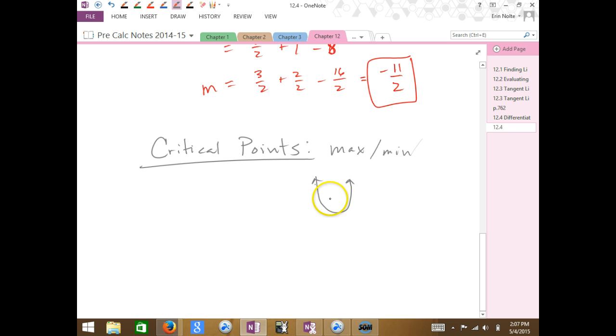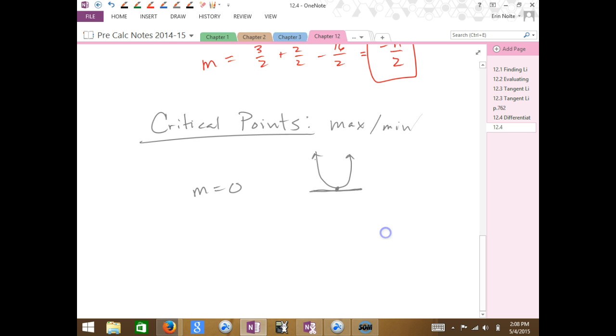This would have a minimum, right? Down here at the very bottom. What would be the slope at the very minimum of that parabola? What's the slope of a horizontal line? 0. So the idea is that the slope at a maximum or a minimum is 0.